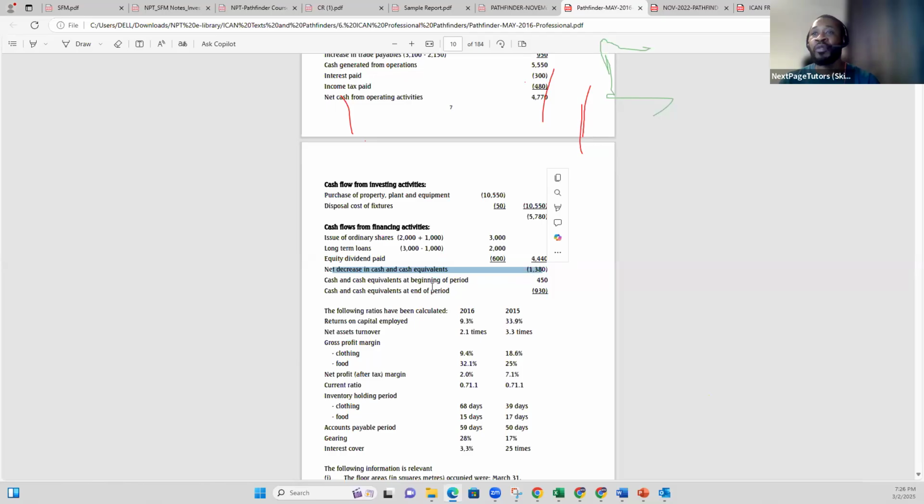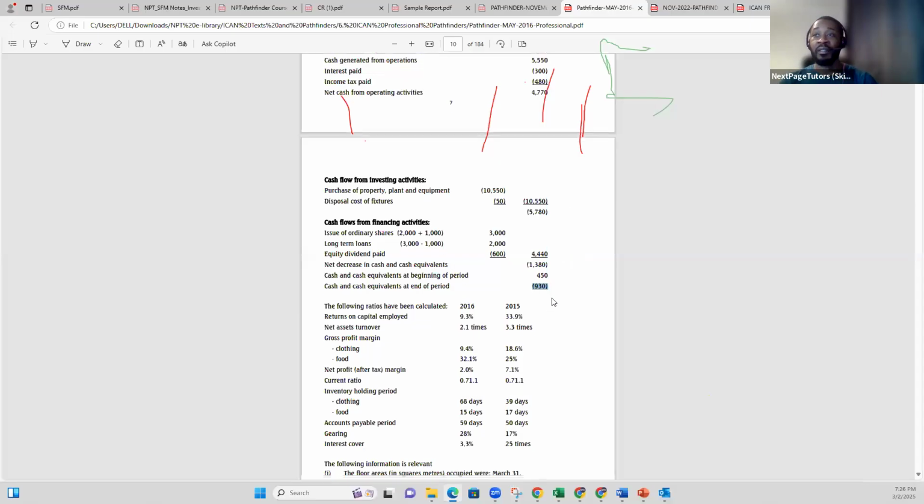Okay, and then they had this cash opening balance, and at the end of the day the cash balance is even negative, because what they have as opening balance, plus what they got from issuing shares and loan and from operating activity, is not even enough to cover what they paid in buying non-current assets. And that's why they have a negative cash and cash equivalent at the end of the day. Are we together?